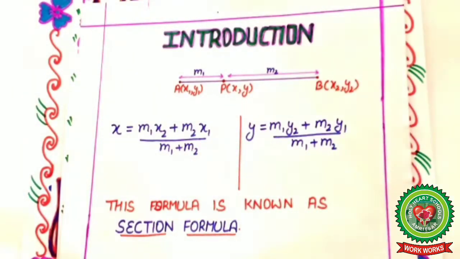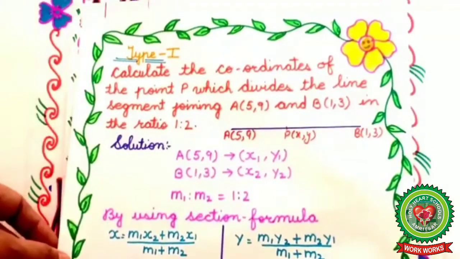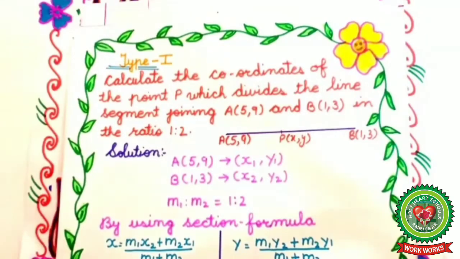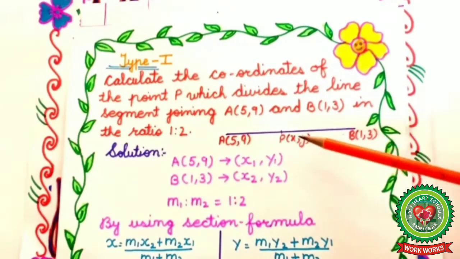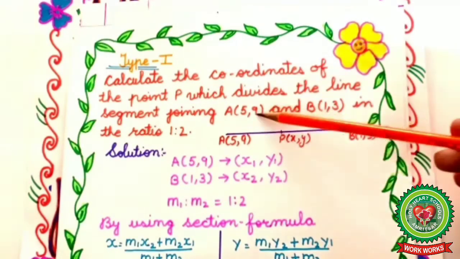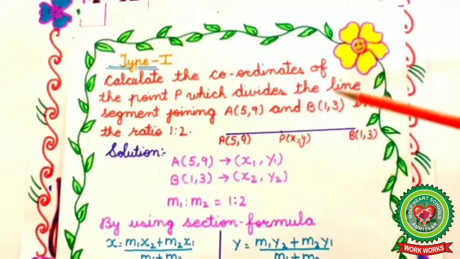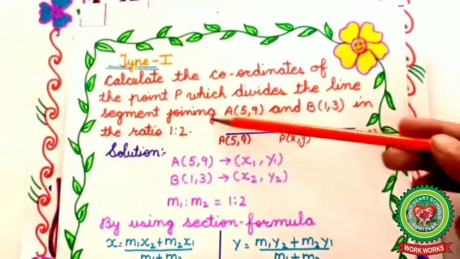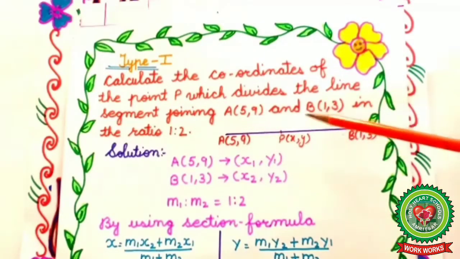Now according to this formula, our first type is when points are given to us and we have to find the value of x and y. So according to this question, calculate the coordinates of the point P which divides the line segment joining A and B in the ratio 1:2.